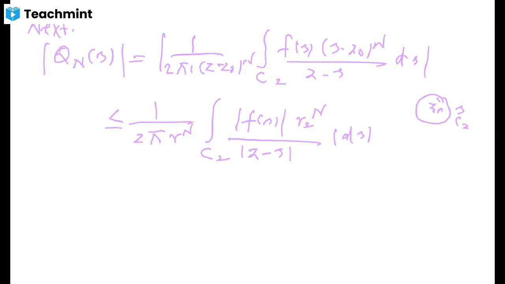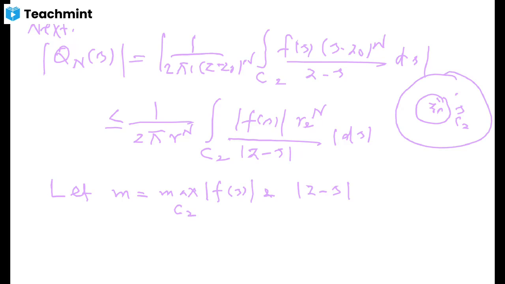Again, f being analytic on this circle, so continuous, it will have its maximum, and let that maximum be small m, the maximum of mod f over the circle C2. Also note that z minus zeta, I can write this: now z is lying outside, and zeta is coming from inside the circle.